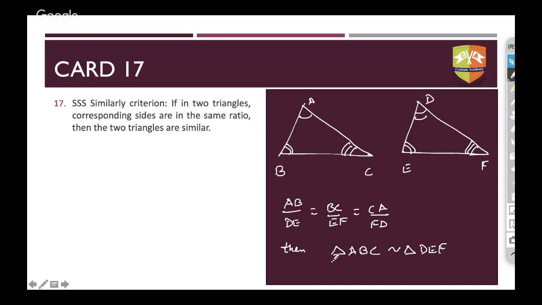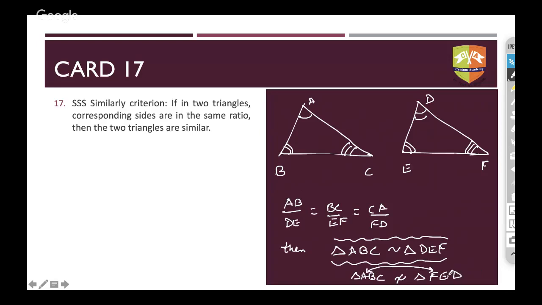Mind you guys, while writing similarity, please be very careful in writing the corresponding vertices against each other. So triangle ABC need not be similar to triangle FED, because corresponding angles A and F are not the same.